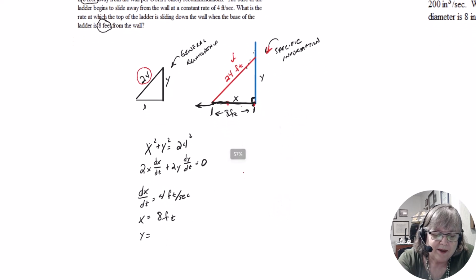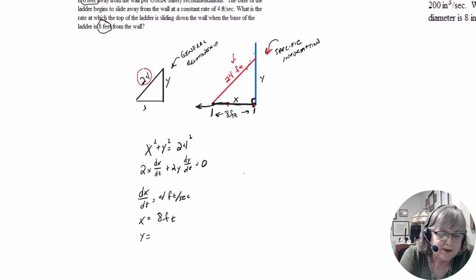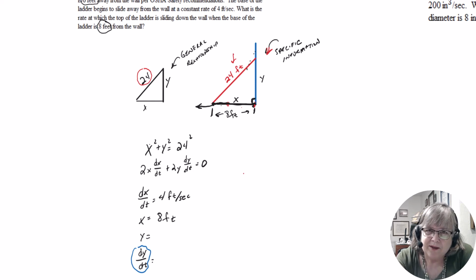And the other piece I need to know, or the question they're asking, is what's the rate it's sliding down the wall? And that would be the change in its position along the wall. So this one is the one they want me to answer. So that one is something I'm supposed to not know. I'm supposed to discover. I'm supposed to solve for it.